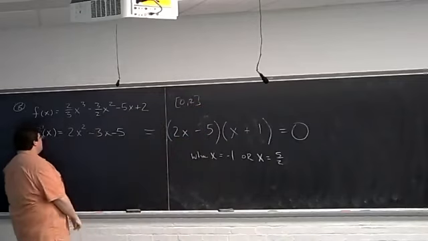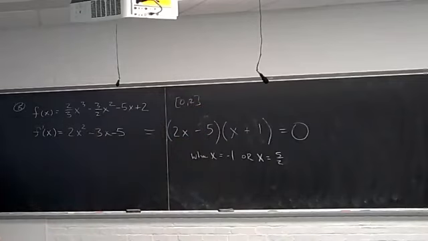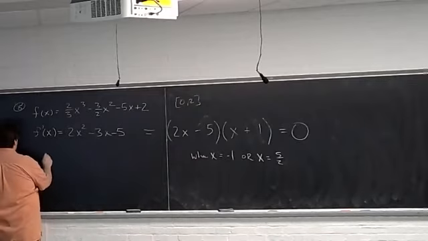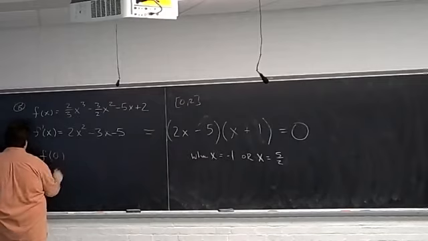So our absolute maximum and absolute minimum will occur either at endpoints or critical points. But notice neither of those critical points is within the interval 0 to 2, so we don't even have to think about that.